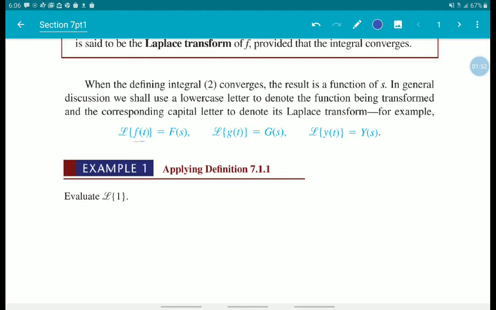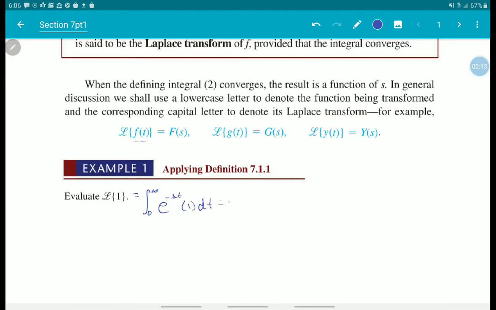So we want to evaluate the Laplace of 1. Under this definition, we want to integrate from 0 to infinity of e to the negative st times the function, which in this case is 1, dt.